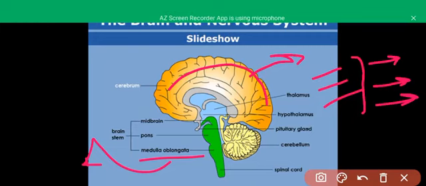Then the pons is in the transition state between wake and sleep cycles, and it controls the mechanism of breathing. And behind is our leaf-shaped cerebellum.